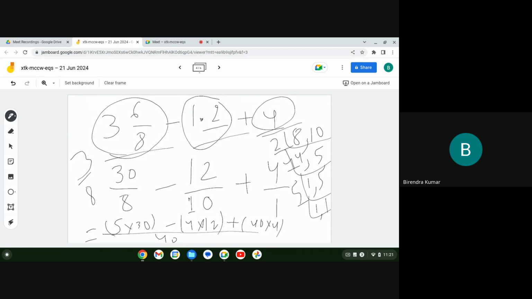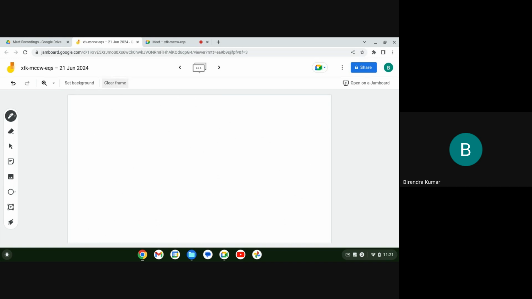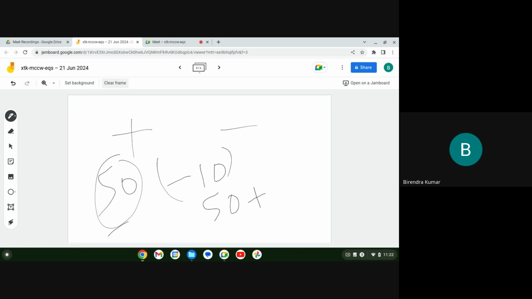Now comes the interesting part: positive and negative. Let's say you have to deal with 50 and minus 10, and somebody says add these two numbers.